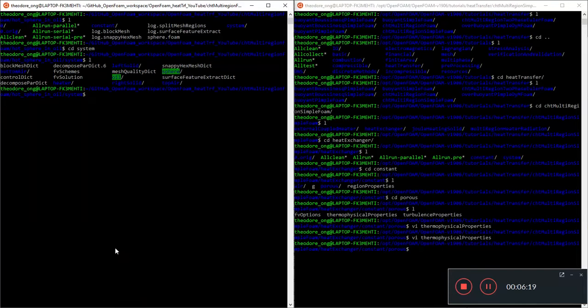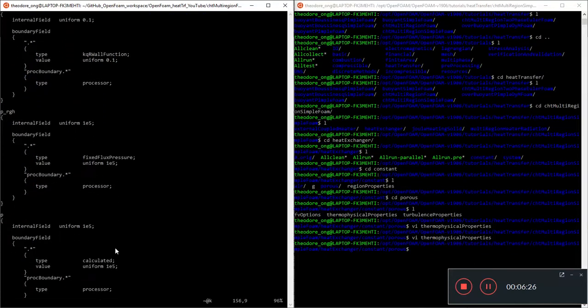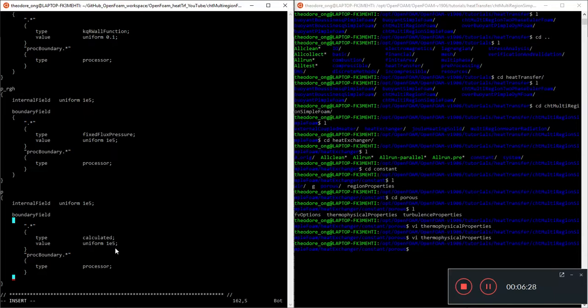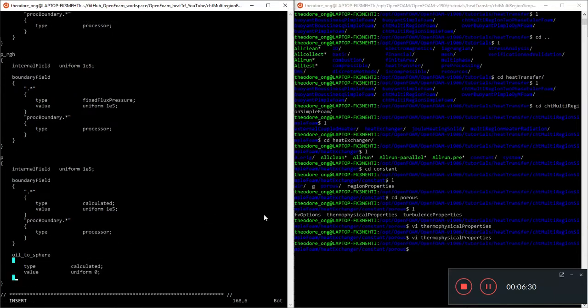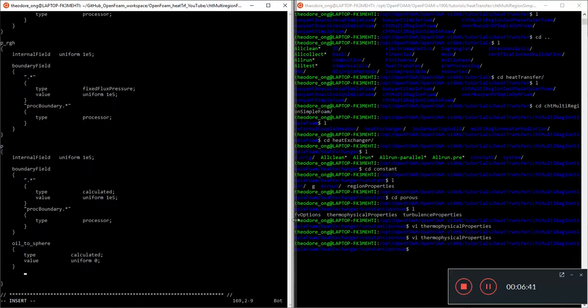Usually, but okay, let me go and change it first. I just want to make it look a bit more symmetric. Don't mind me. Oil to sphere. That's in the p. Oops, sorry. Okay, 1, 2, 3. Nope. Delete this.